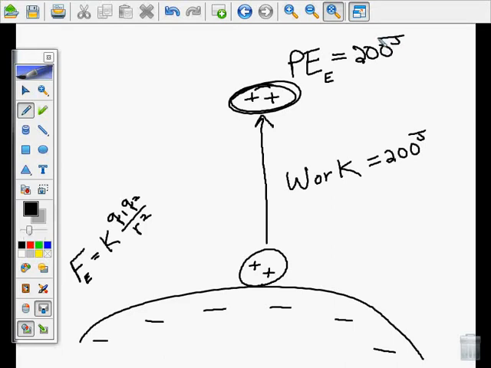You answered my question, now let me answer yours. When it's on the ground there, the radius would be 0, right? What's that? The radius for the equation, because there's really no distance between them. No, remember the radius is always from the center of one object to the center of the other object.